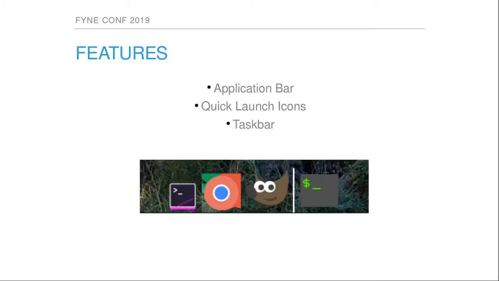The application bar that we have actually is a good story. Andy and I worked on a project 15, 20 years ago, something like that, where we made an application bar, and it was called Engage, and we loved it, and everybody loved it, and it kind of went away and didn't see the light of day for a long time.